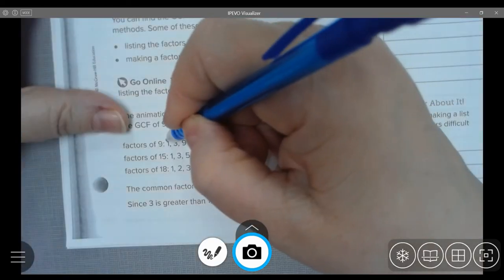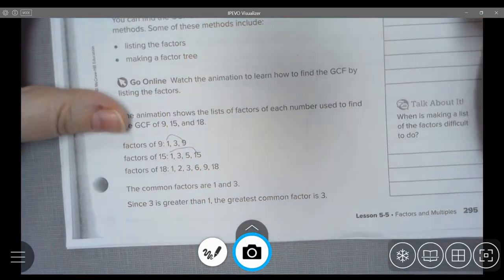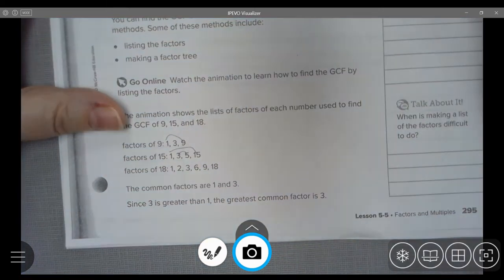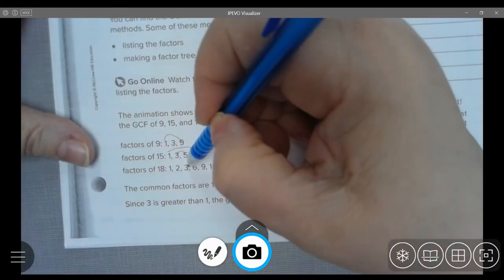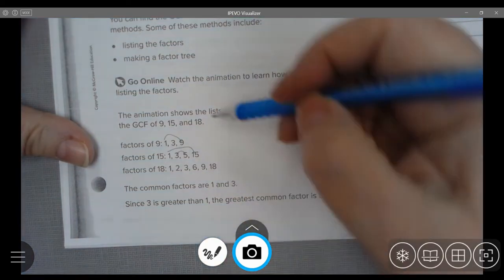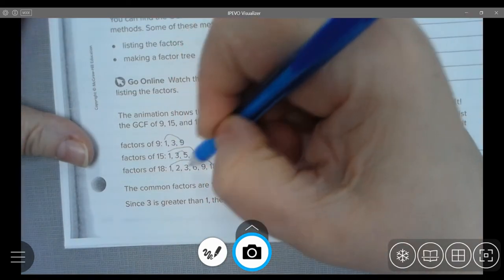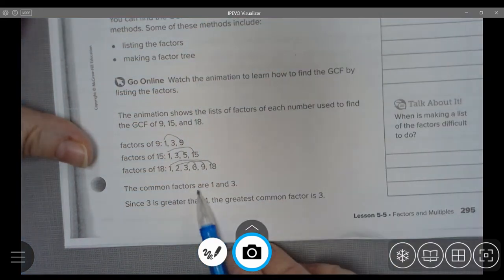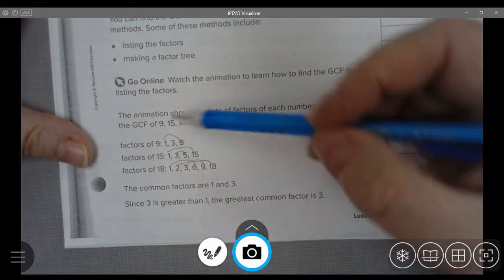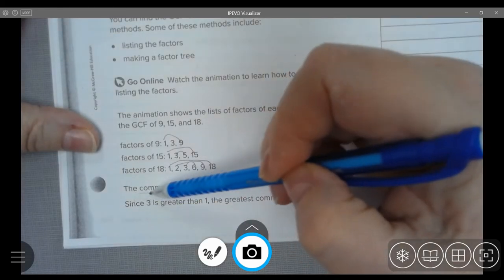So 1 times 15 is 15. 3 times 5 is 15. Factors of 18, 1, 2, 3, 6, 9, and 18. So 1 and 18, 2 and 9, 3 and 6. The common factors are 1 and 3. So if I take a look at this, I'm looking for common factors.